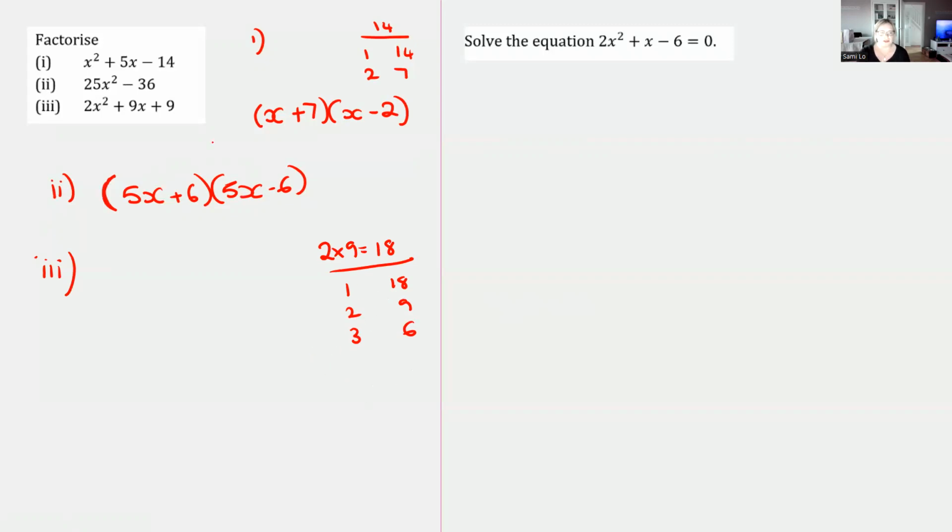Now we're looking at which ones give us plus 9. It's this one here, because they add together to make 9. When there's a number in front of the first variable term, we write 2x squared and split that 9x up: plus 3x plus 6x plus 9.